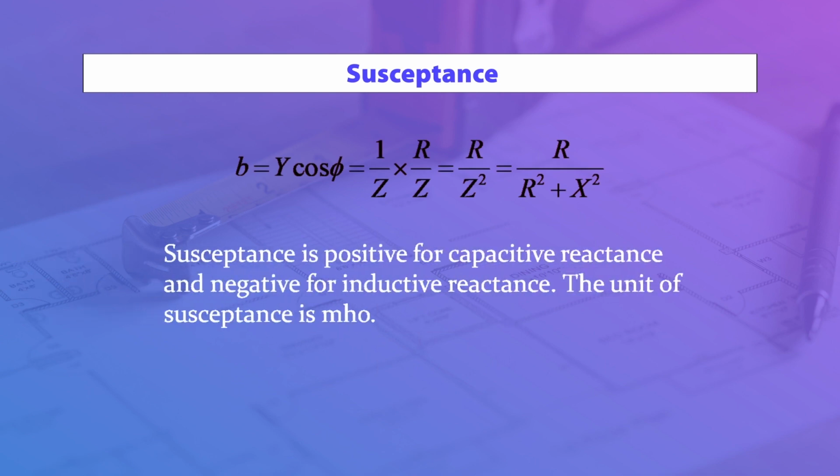Here you can notice that susceptance is positive for capacitive reactance and negative for inductive reactance. The unit of susceptance is also mho, the reciprocal of ohm. Now the second method by which you can solve the parallel circuit is called the admittance method.